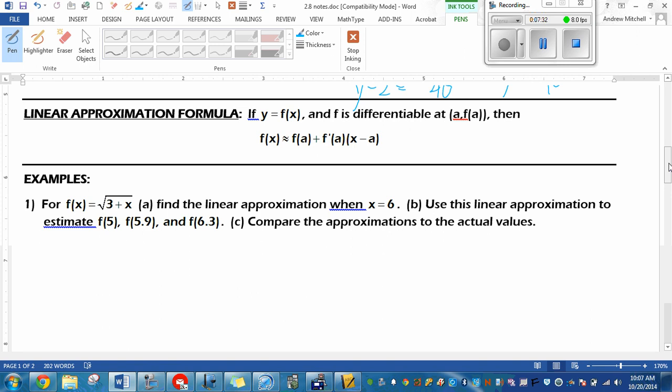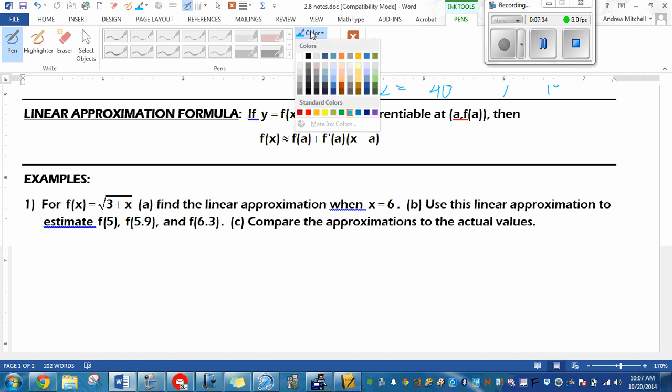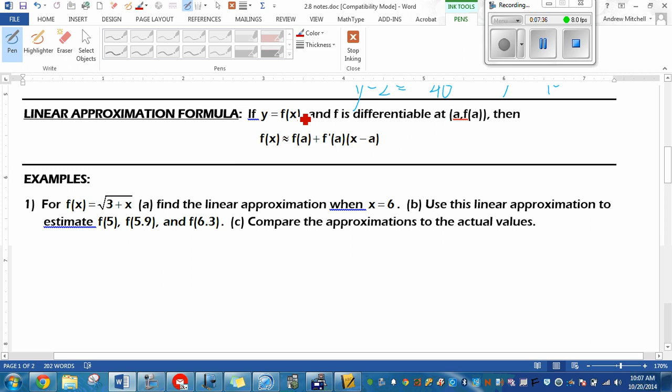So let's look at what this really is. This equation here is actually point-slope form, just kind of tweaked a little bit. So think about point-slope form. We have y minus y1 equals m times x minus x1. Well, if I take that point-slope form and add the y1 to the other side, we basically have this formula over here. y equals f of x, y sub 1 is f of a. That's what we get right here.